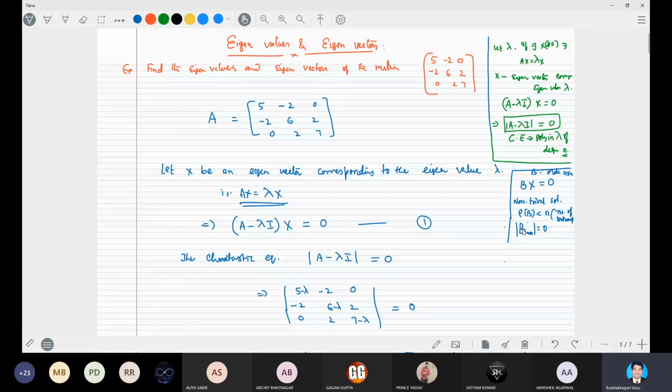Apply the concept of the rank of the matrix. How do we define the rank of the matrix? The highest order non-zero minor is called the rank of the matrix, where minor means the determinant of a square submatrix.